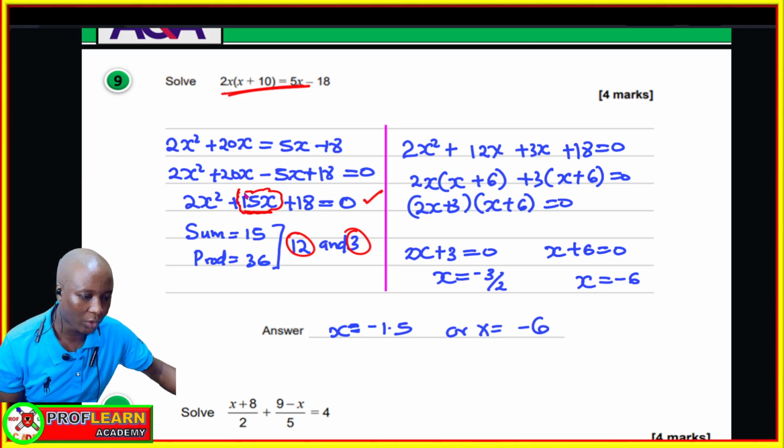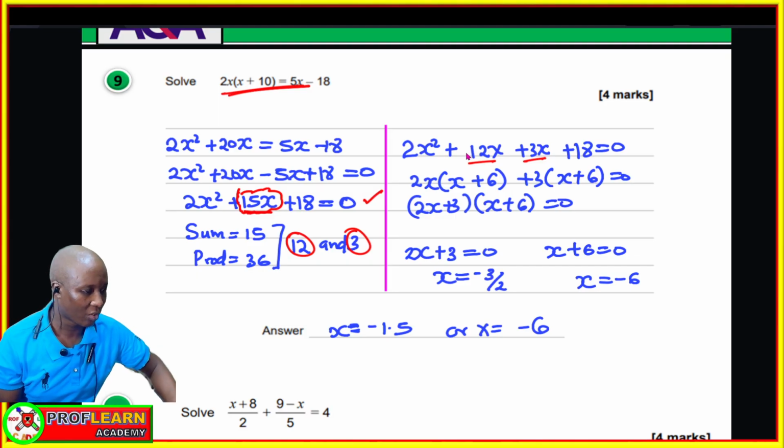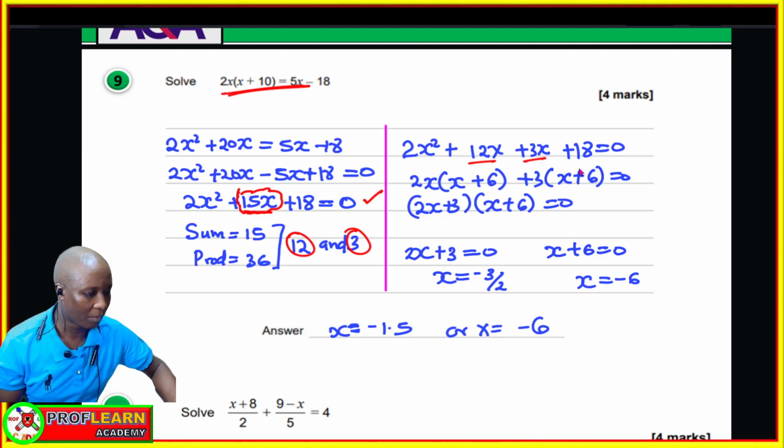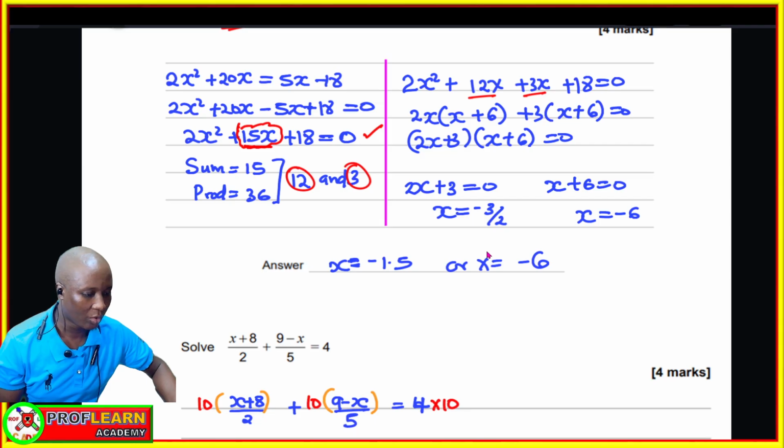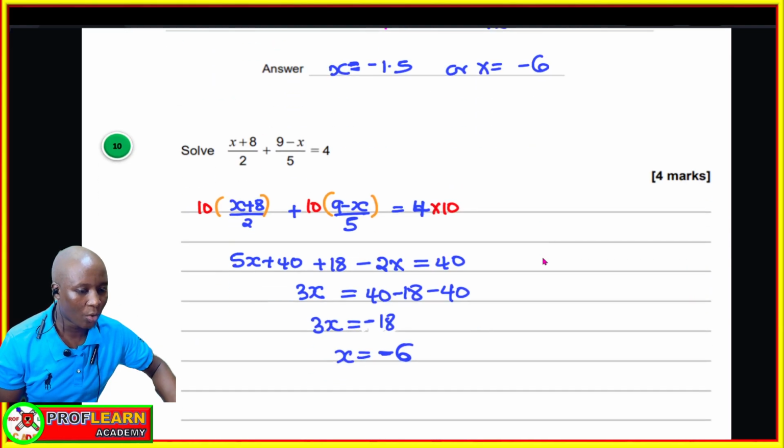So I'm going to say 12x plus 3x, and then I can group them together and do factorization at that point. And if you work it out, you are going to get negative 1.5, and you are going to get 6. Then you can also be given a question.